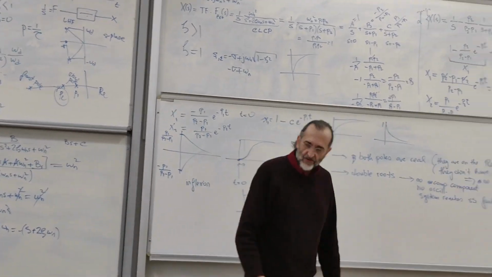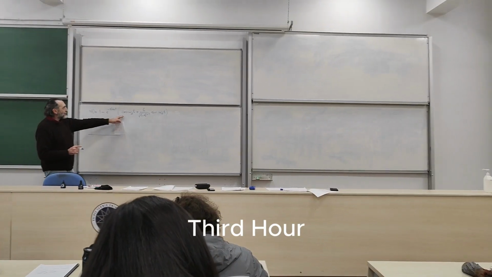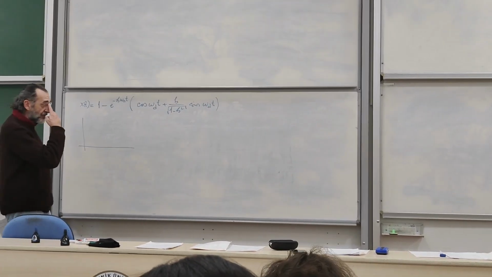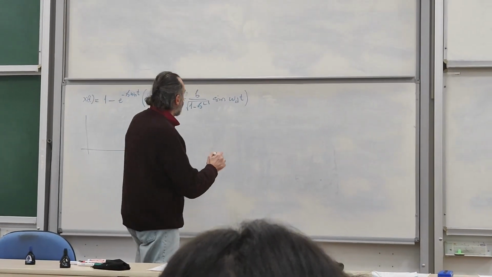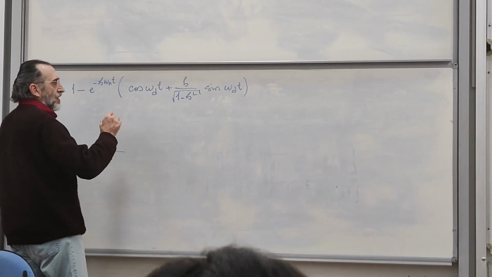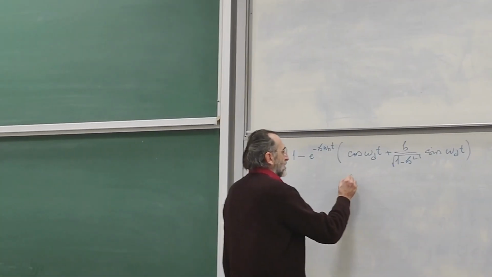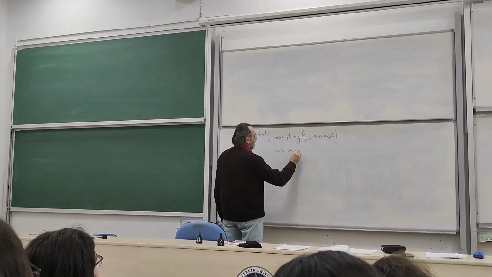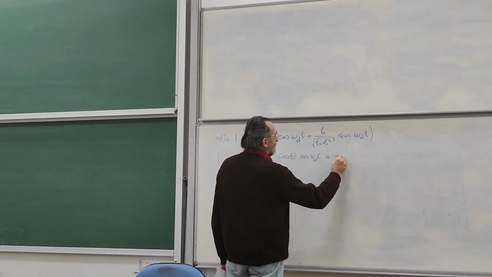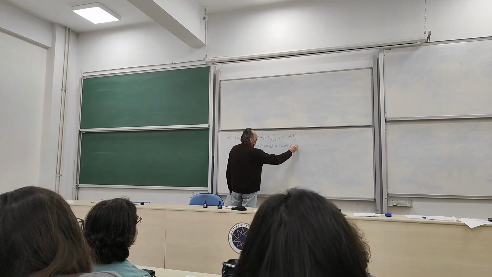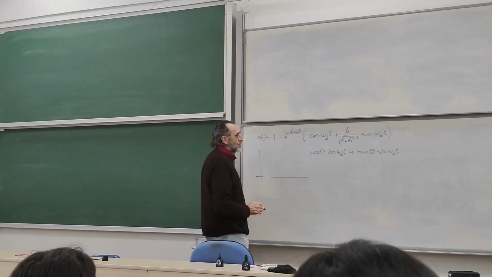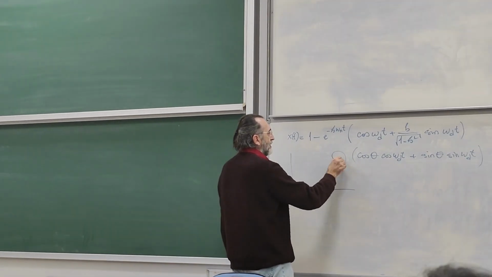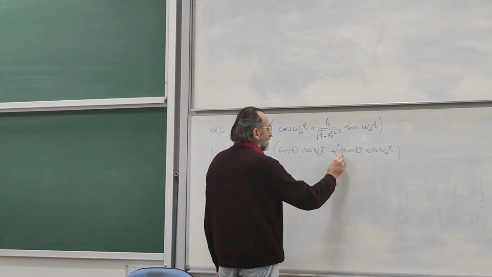Alright, so this is your eraser. Now, using trigonometric identities, which I tried to do but couldn't, that's alright, you can do it in your own work. This can be turned into an angle: cosine theta times cosine omega_d t plus sine theta sine omega_d t, multiplied by some entity and divided by some entity.